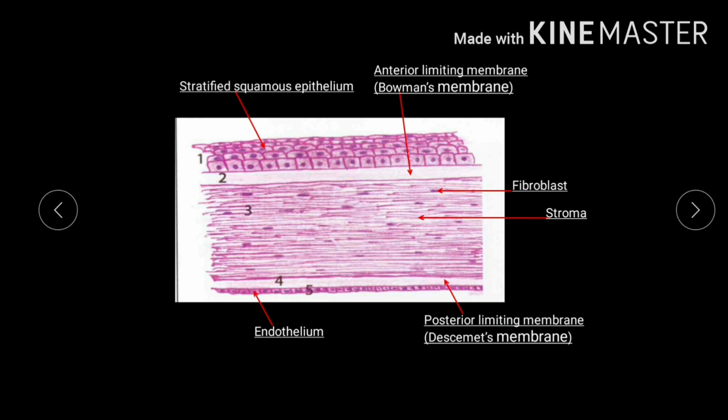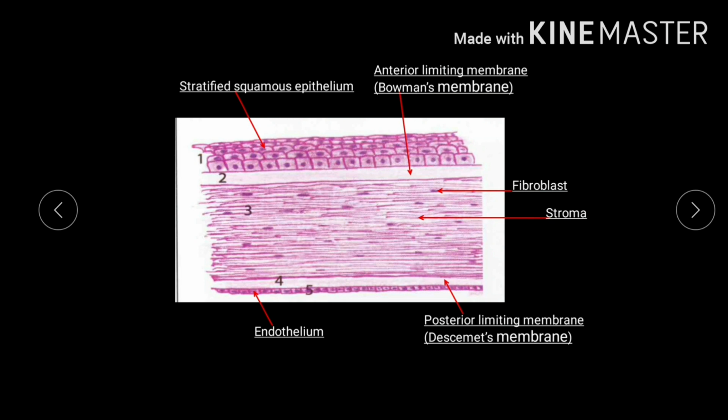The corneal epithelium is also supplied with free nerve endings, making the cornea extremely sensitive to touch, and the ophthalmic division of the trigeminal nerve supplies this area. The superficial layer of the corneal epithelium also shows microvilli on the surface.